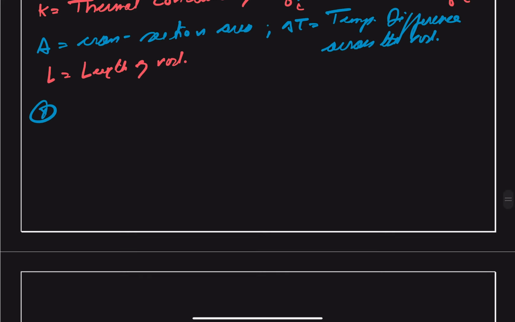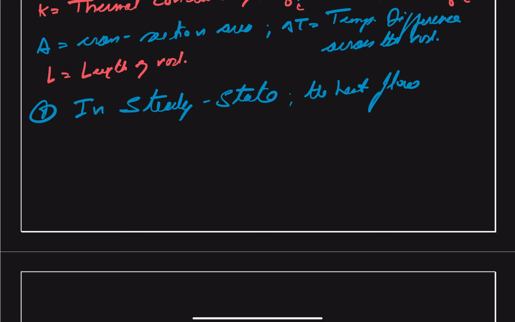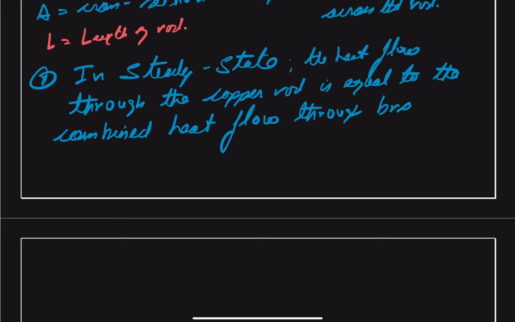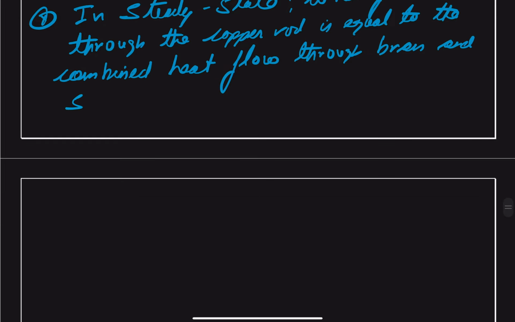So we can write that in steady state, the heat flow through the copper rod is equal to the combined heat flow through brass and steel rods.